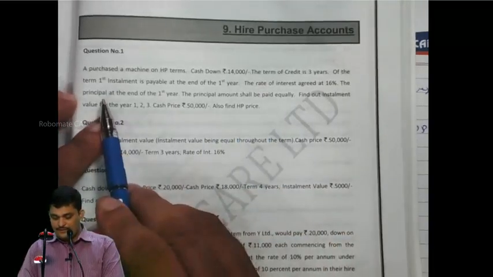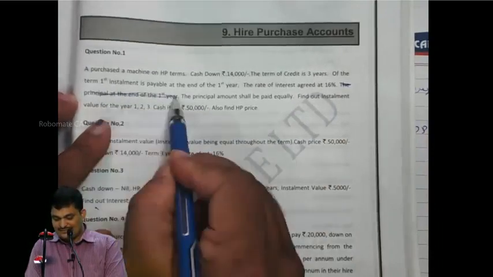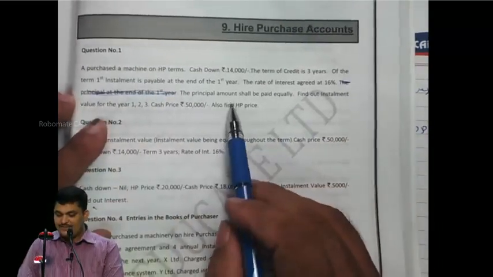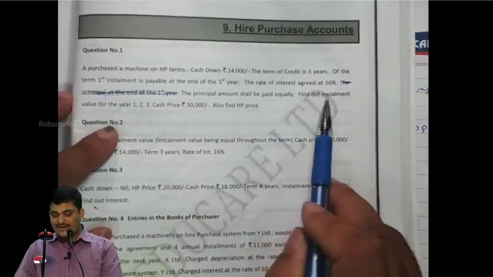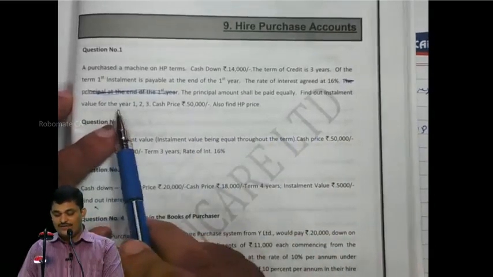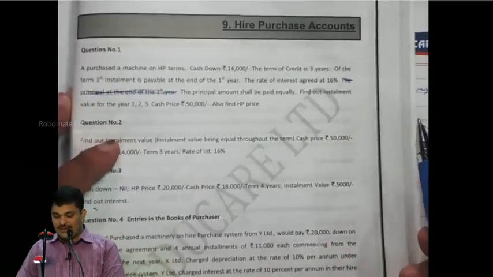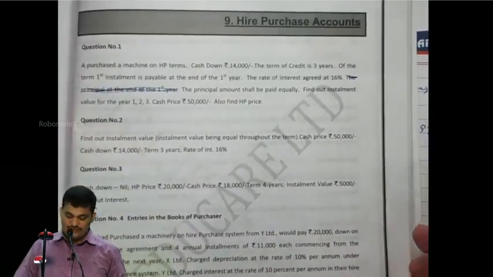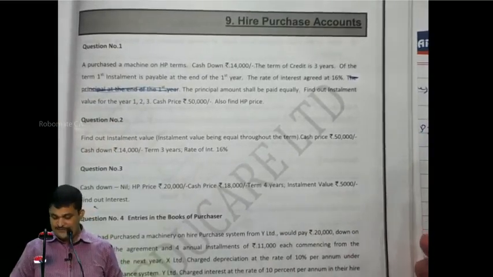The principal amount shall be paid equally. Find out the installment value for year 1, year 2 and year 3. Cash price is rupees 50,000. Also find out the higher purchase price.